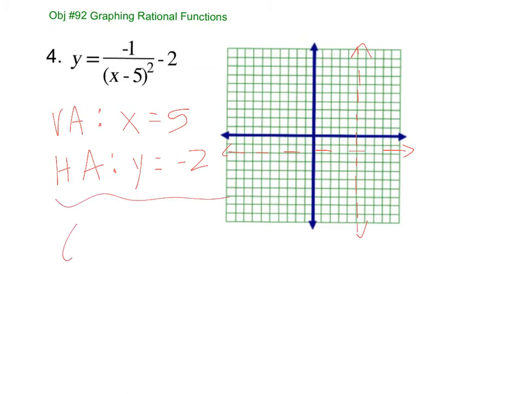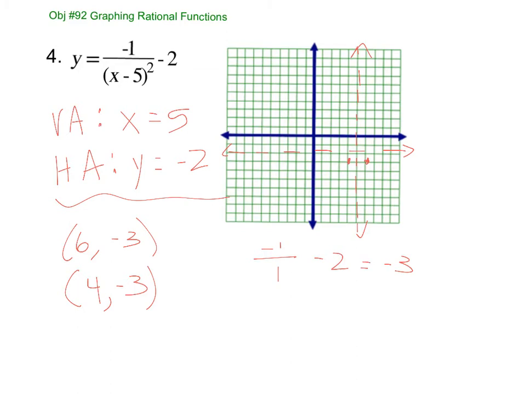All right, so I'm going to plug in 6. If I plug in 6, I get negative 1 over 1 minus 2, so it's negative 3. And then if I plug in 4, I get the same thing, negative 3. So 6, negative 3, 4, negative 3.